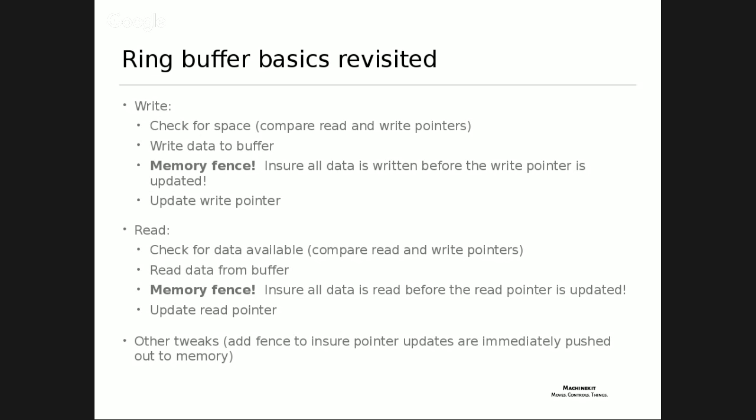So if you go off and read the updated read pointer, and haven't finished reading the data from the buffer, systems are actually fast enough now that the write process could write over the data that you were still trying to read before you actually read it. This does happen. You can actually set up synthetic tests and watch this sort of thing fail.